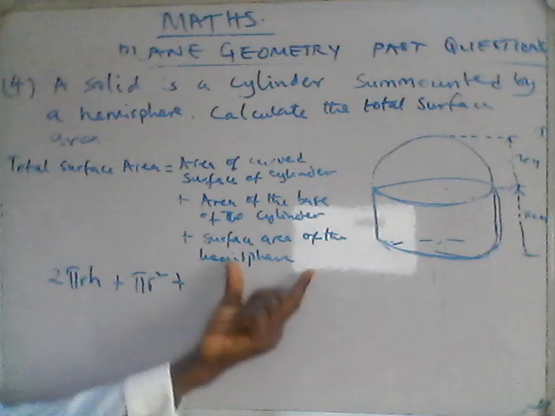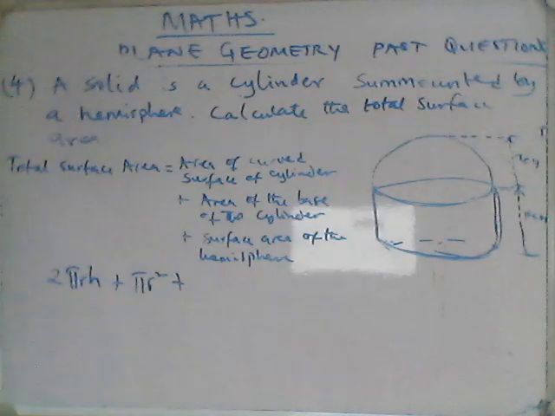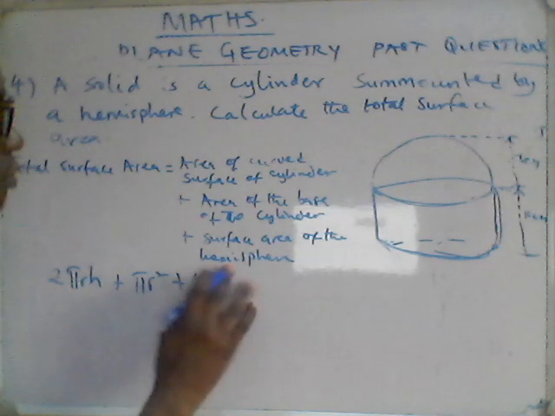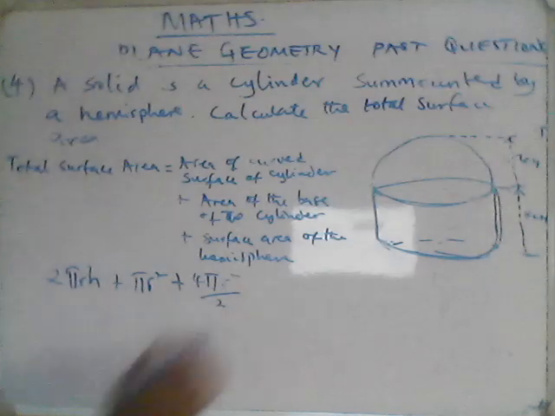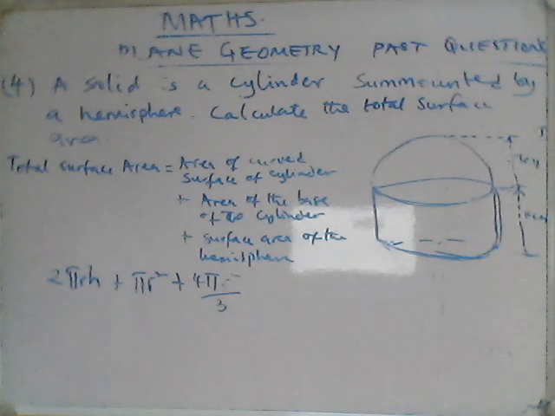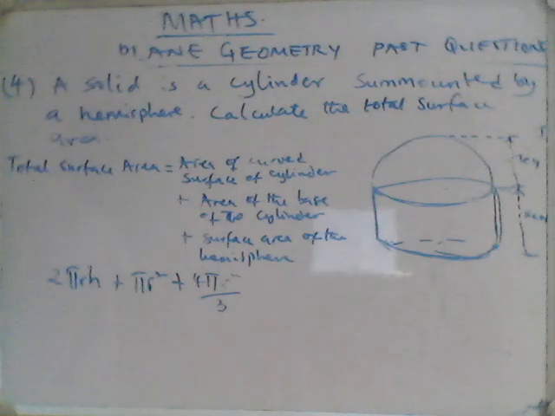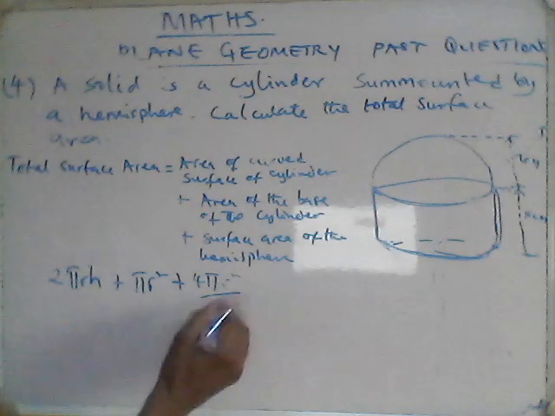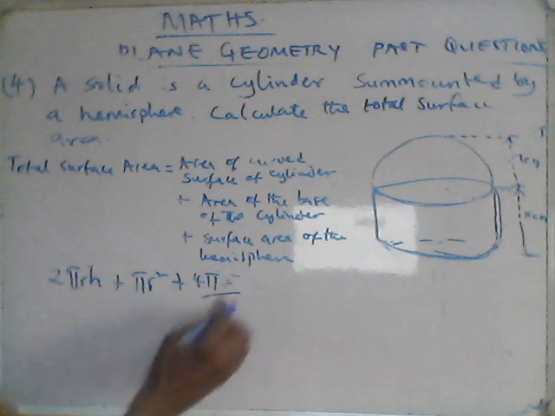And the area of the hemisphere on top is 4 pi r square over 3. Okay? That's for the hemisphere. Sorry, the surface area of the hemisphere is actually 2 pi r square. It's not volume we're looking at.